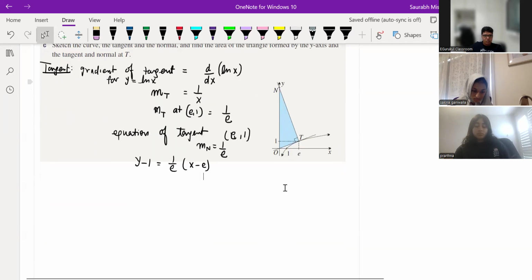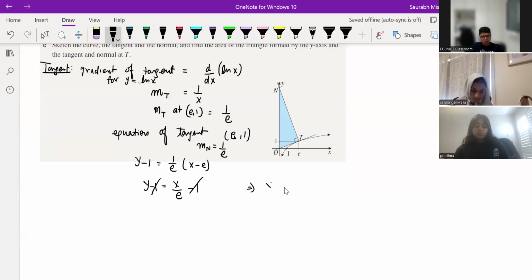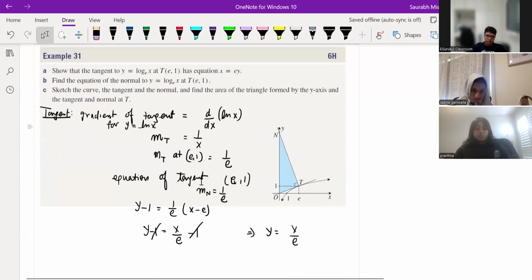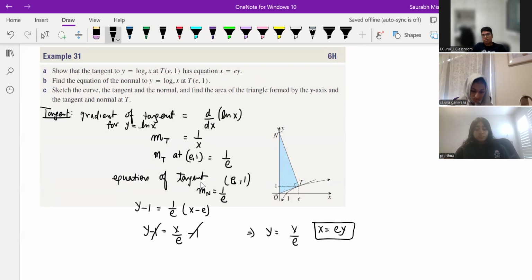And when you solve this one, you get y minus 1 is equal to x by e minus 1. Minus 1 cancel. You get y is equal to x over e. So, or x is equal to ey. That is the equation of the tangent. Clear, Sakina? What was the challenge?